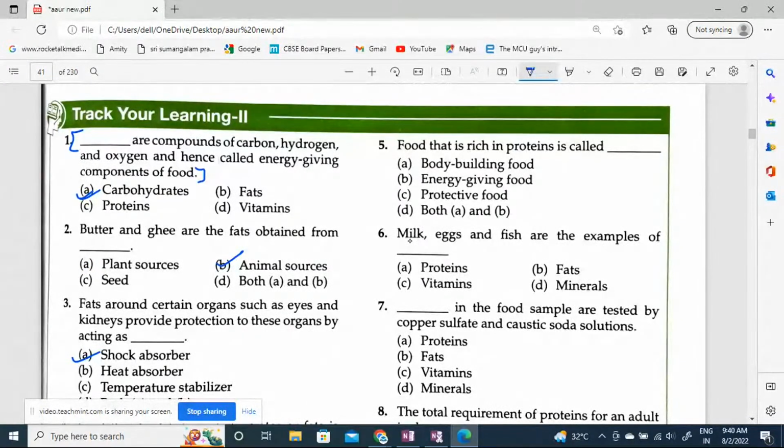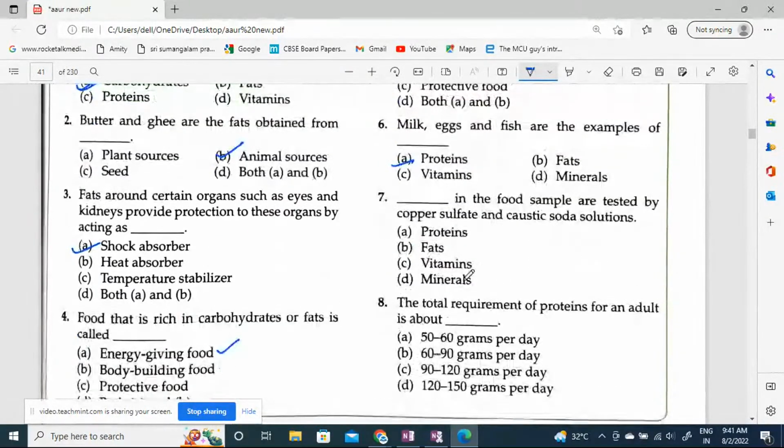Food that is rich in proteins is called bodybuilding. You know the answer, just speak out quickly. Milk and fish are the examples of proteins. Seventh: in the food sample tested by copper sulfate and caustic soda, fat.